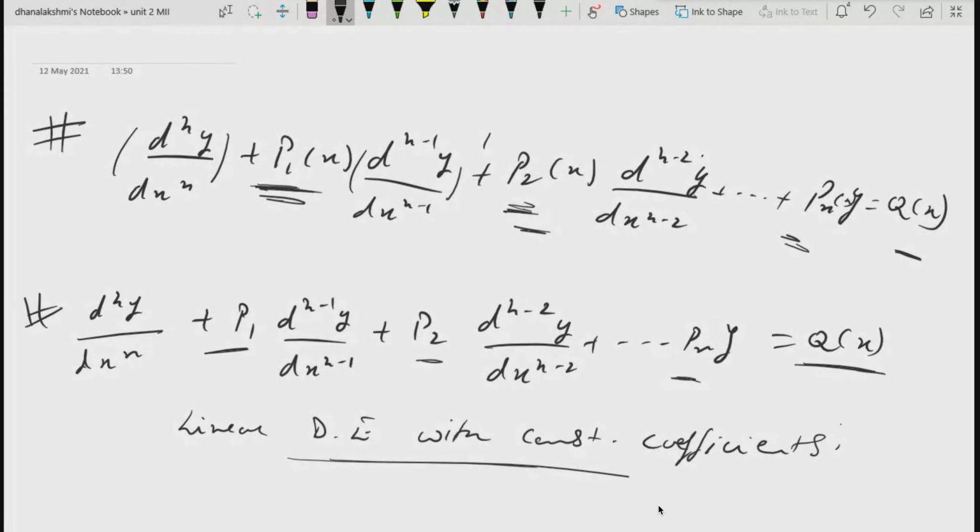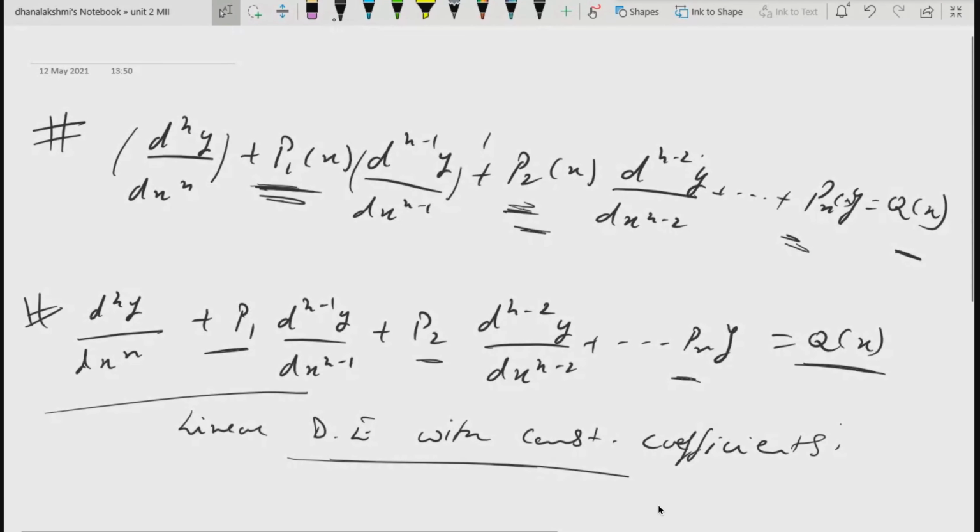But if all p1, p2, pn are constants in this differential equation, then it is called a linear differential equation with constant coefficients. Suppose at least one of the p's is a function of x, then it would be called a linear differential equation with variable coefficients. Got it, all of you?